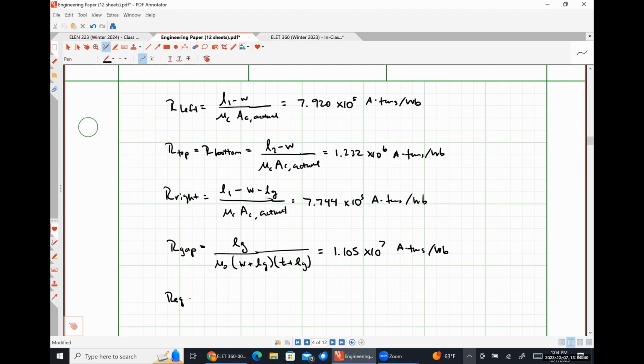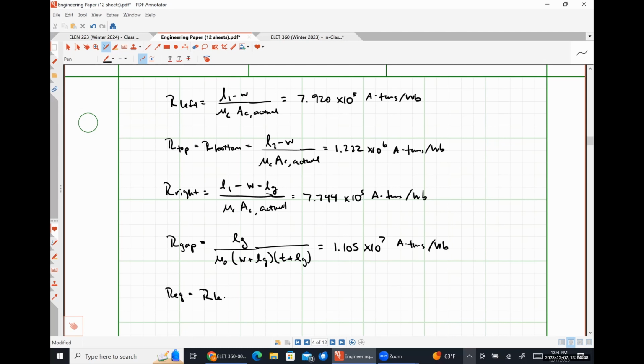And then our equivalent reluctance is just R left plus, I'm going to call it twice R top plus R right plus R gap. And let me get a calculator out so I didn't write this number down.